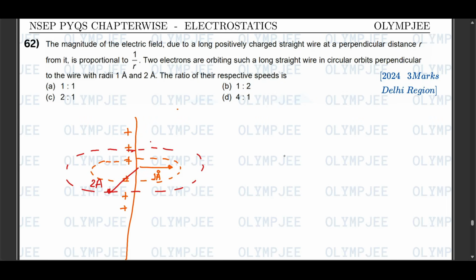So any electron will have a force here, since the field is proportional to 1 by r, right? So I am taking the field as some constant divided by r. So in this direction it will be, sorry, since the charge on the electron is negative, it will be in this direction.